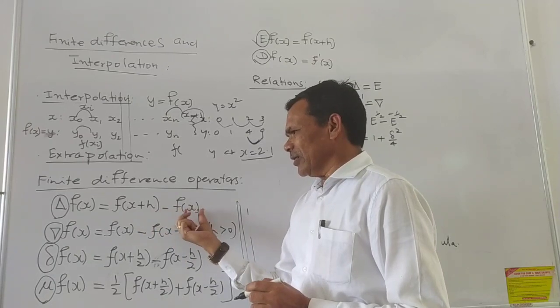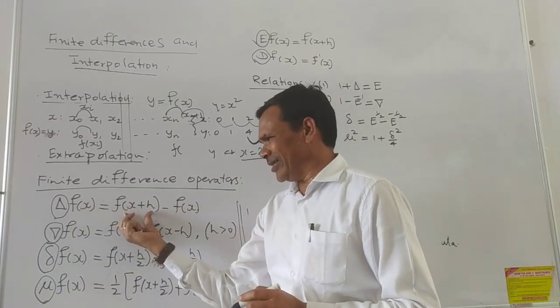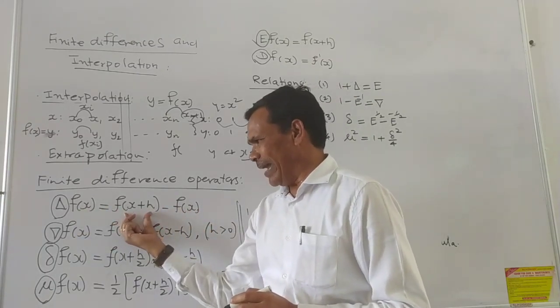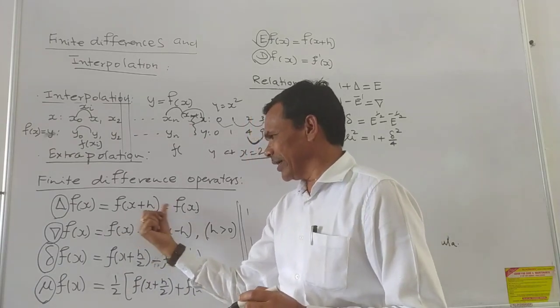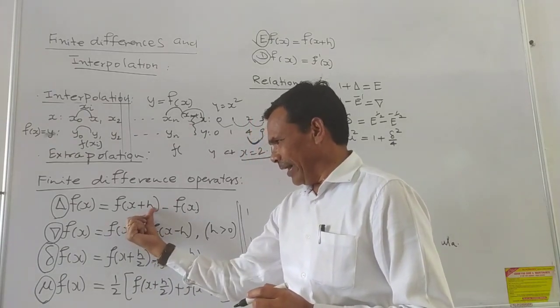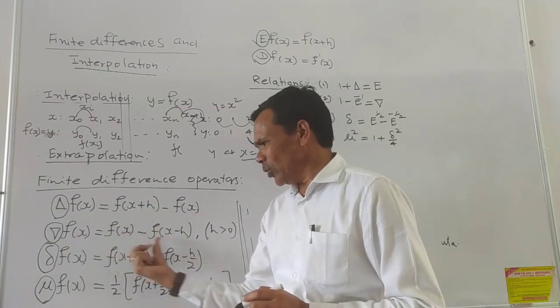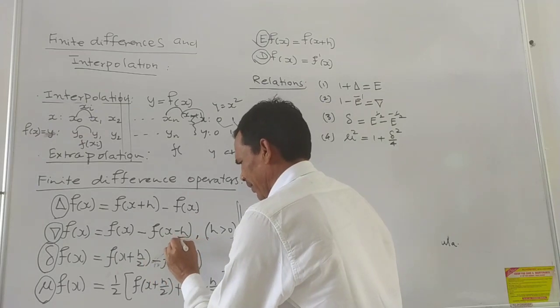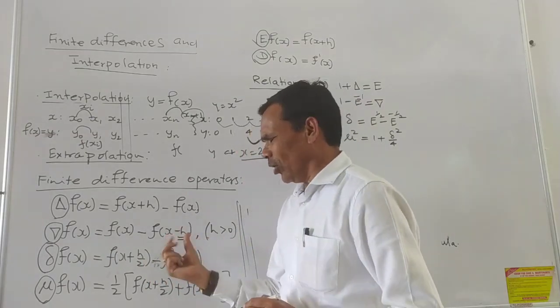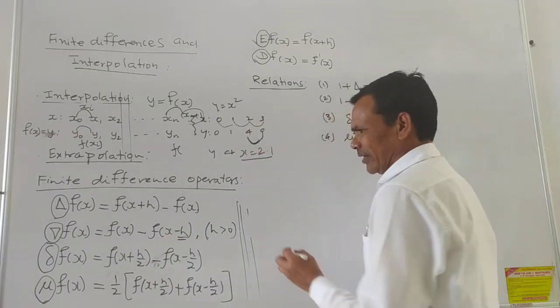What does it indicate? It is the change in f of x when x is increased by some increment h, and the backward one is the change in f of x when x is decreased by some increment h. That is the actual meaning.